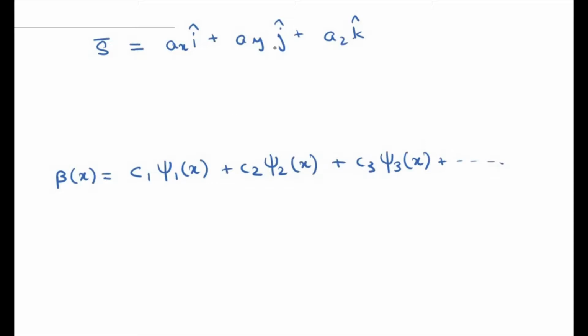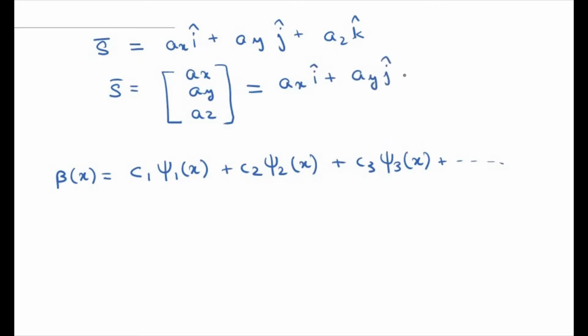How we generally represent this in vector notation is that we write s equal to ax, ay, az. When we write s equal to ax, ay, az in vector notation, it automatically means ax i cap plus ay j cap plus az k cap.